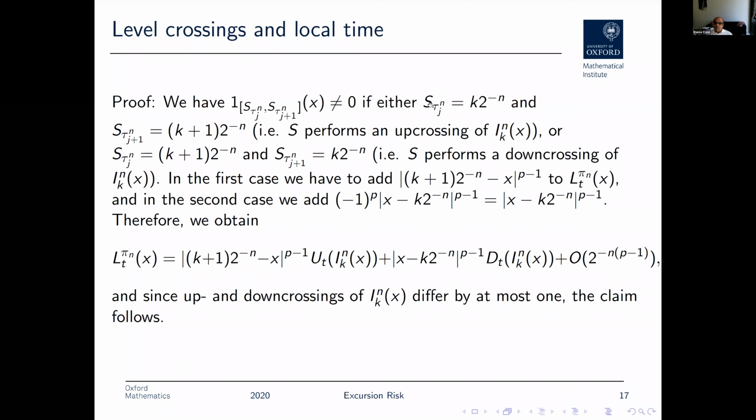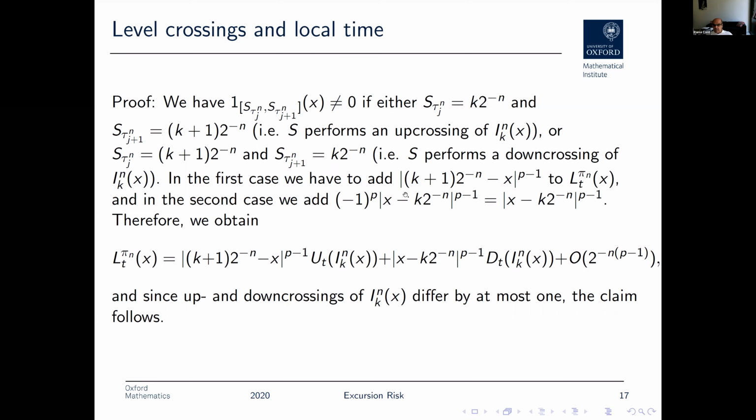So it means that S is equal to this endpoint of the dyadic interval, either at the beginning or at the end. So this is an up crossing, or you have the opposite, a down crossing. So you start from the higher value and go to the lower value. So to cross an interval, you either cross it up or down.